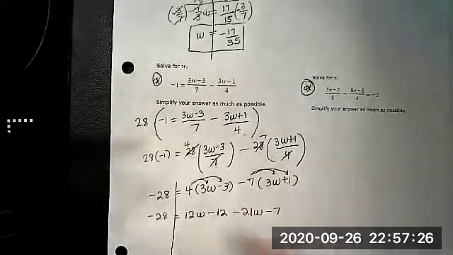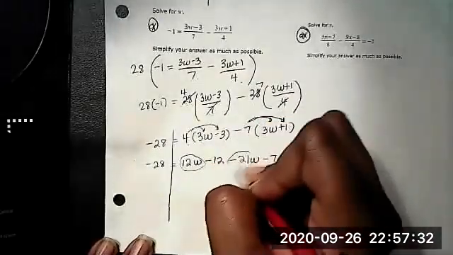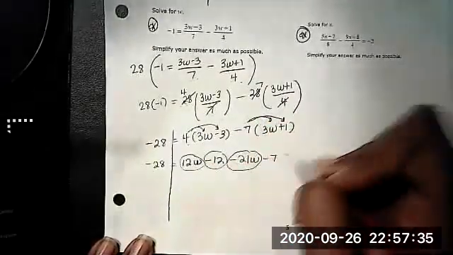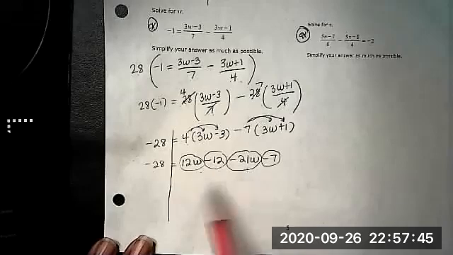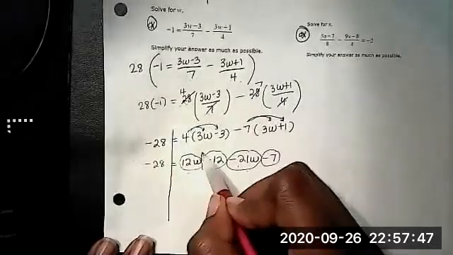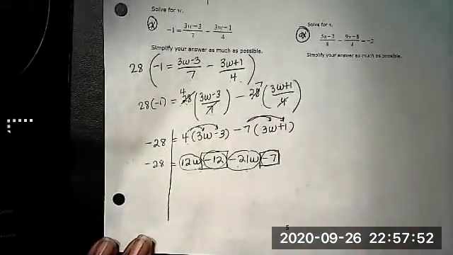When they're on the same side as the equal sign, I can combine like terms. So I can combine these two, and I can combine those two. I can combine the numbers that have the w's together, and I can combine the ones that have just the regular numbers together.